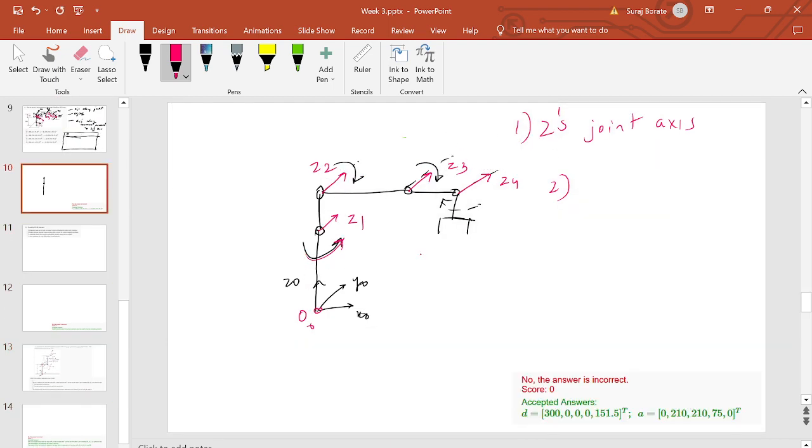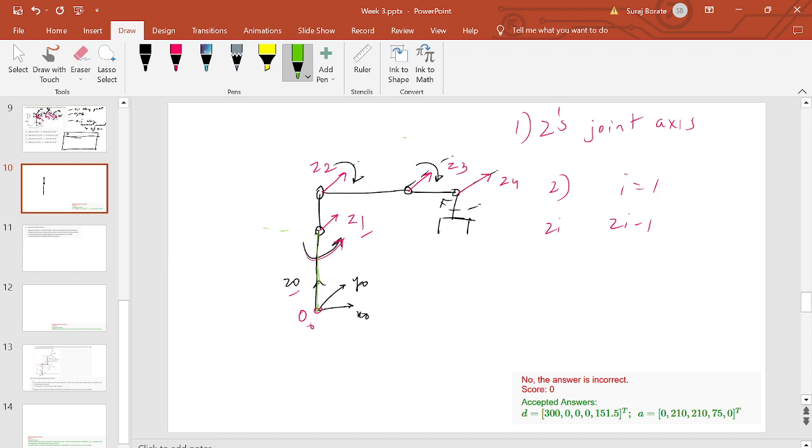You have Zi and Zi minus 1, and we have to do this for all i, all joints. For i equal to 1, that is Z1 and Z0. What is the common normal? The line that is perpendicular to both Z1 and Z0.